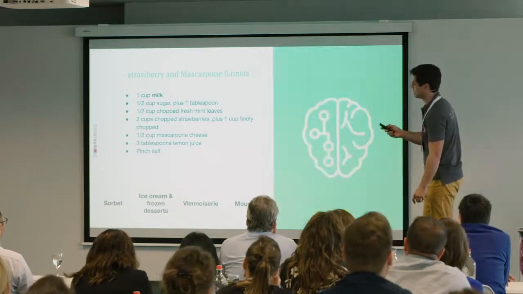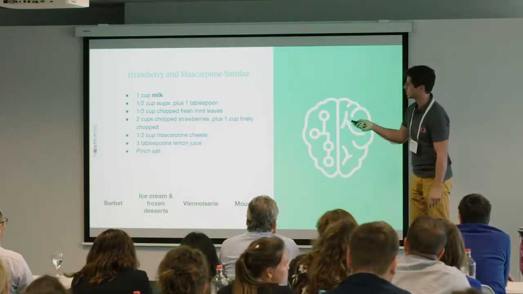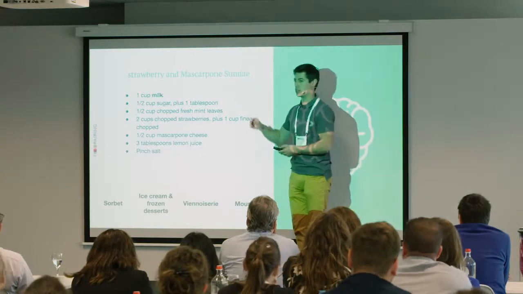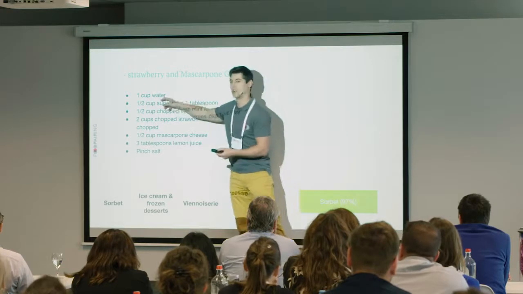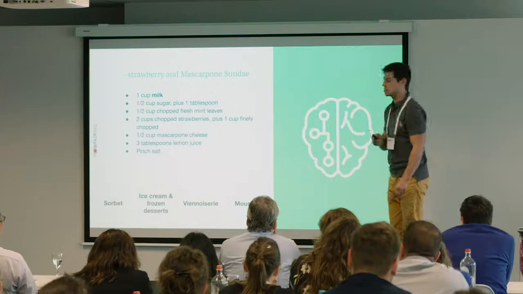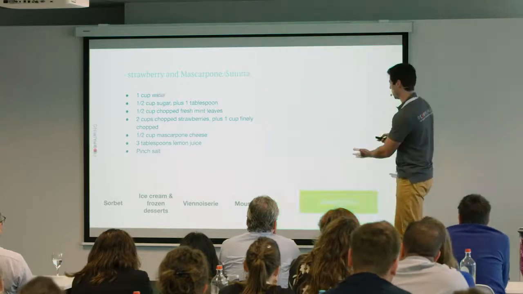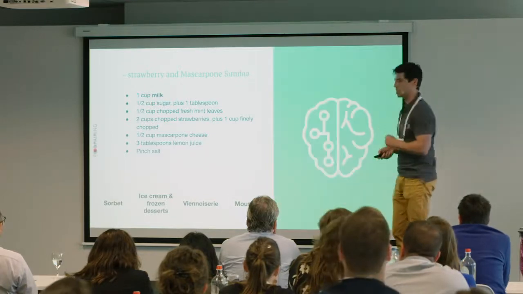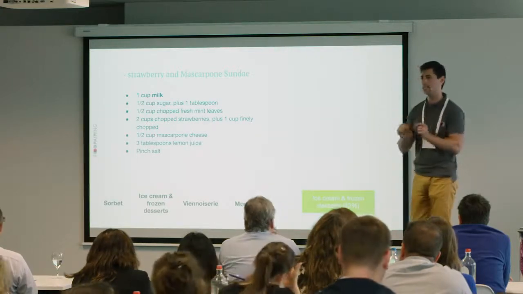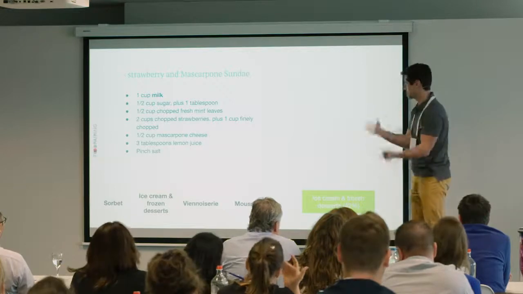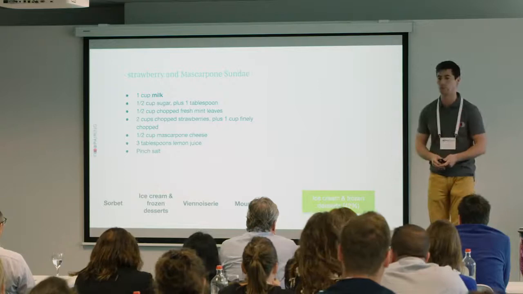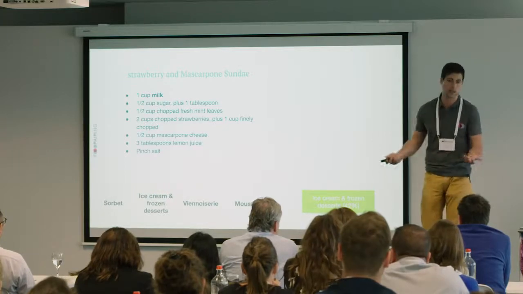But just by changing like 2 words, by changing the word granita to the word sundae, and the ingredient water to the ingredient milk, we can see if the algorithm actually switches from a sorbet to something else. And indeed it does. So just by changing little artifacts in the title or in the ingredients, the classifier completely flips over and thinks it's ice cream and frozen desserts now, which is in fact correct, it's a sundae.